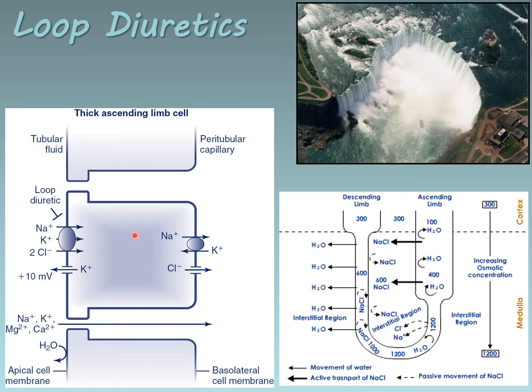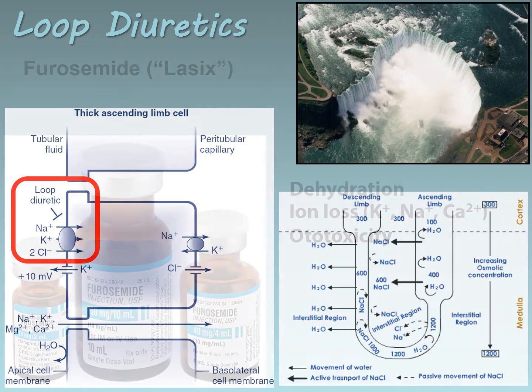It's still sort of primary, but I'm not going to parse that out too much. So it makes sodium want to move down its gradient from the renal tubule, and loop diuretics block that sodium potassium chloride co-transporter, and so the sodium is stuck out here, potassium and chloride, and so water is going to want to stay out here more as well.